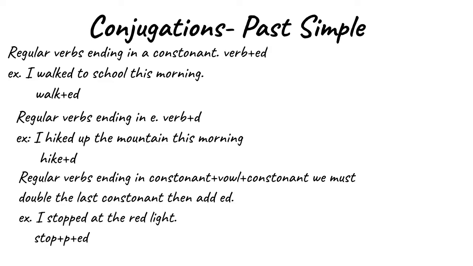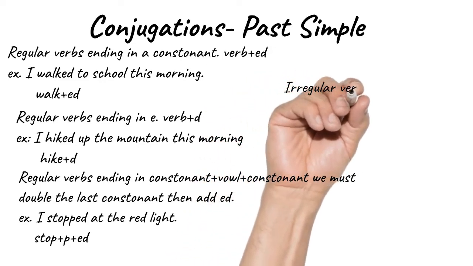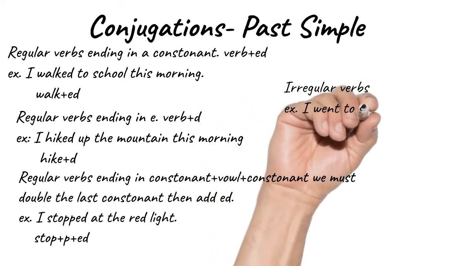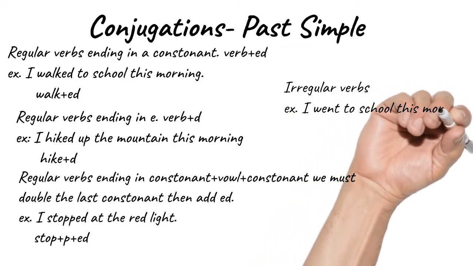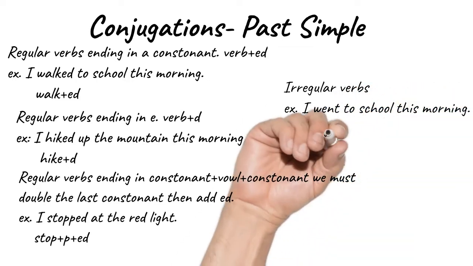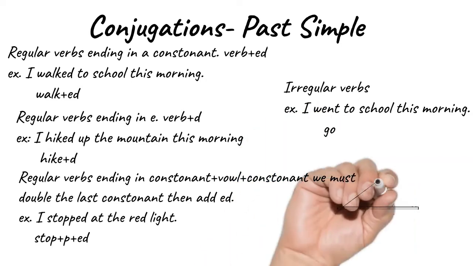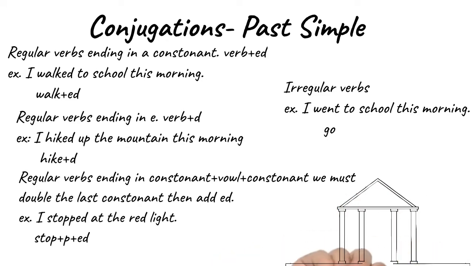Okay, so it's not all so easy. We still have to learn the irregular verbs. Irregular verbs are verbs that don't follow these basic ed, d, and consonant ed endings. Irregular verbs have to be memorized one by one so that you know how to use them in fluent native speaking English.